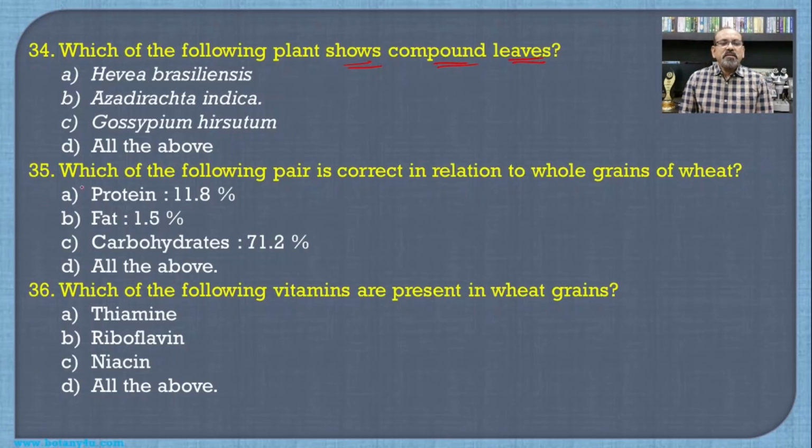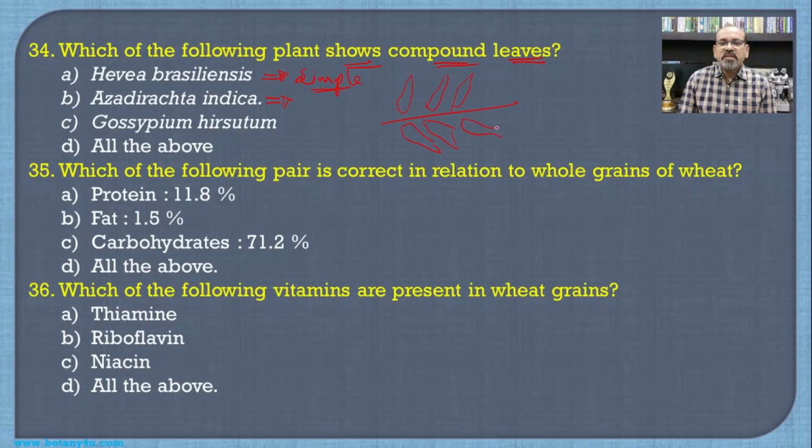If you see the compound leaves, Hevea brasiliensis in the family Euphorbiaceae has a characteristic feature of having simple leaves. So the simple leaves are present in Hevea brasiliensis. Then Azadirachta indica, that is the neem plant, has lanceolate leaflets present in 2 rows.